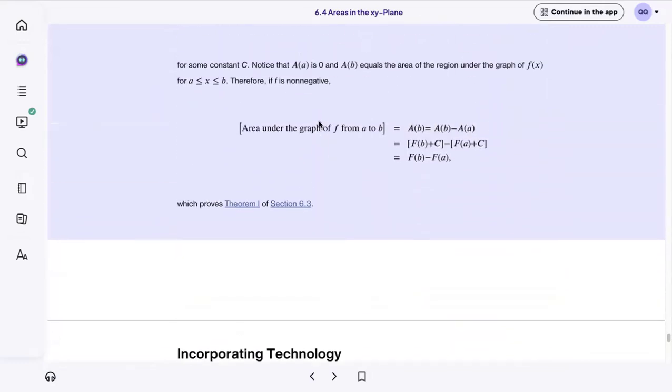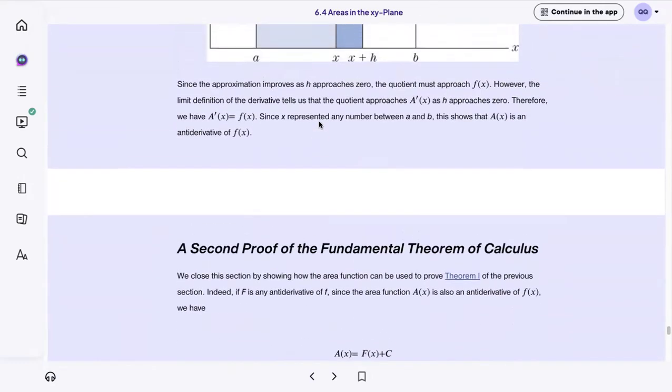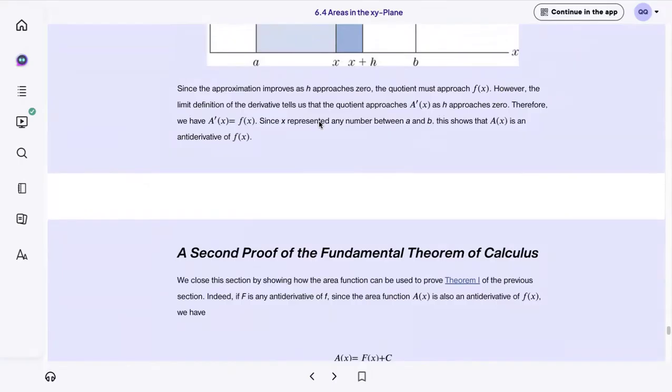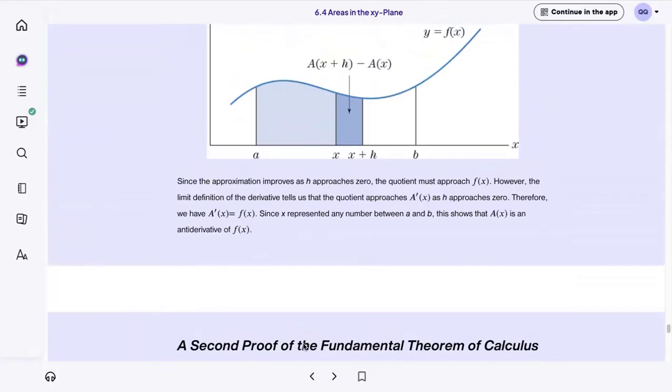Okay, that's section 6.4. Chapter 6 will only go through these 4 sections. So we talk about definite integrals.